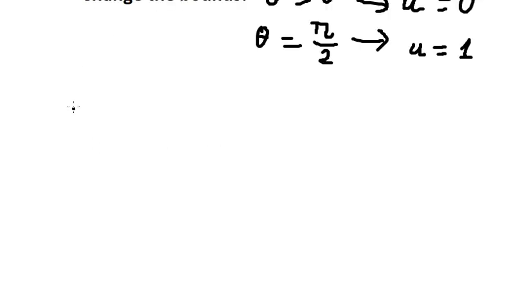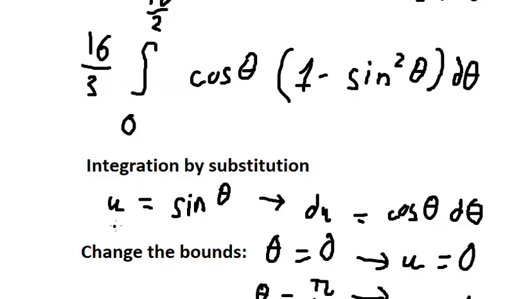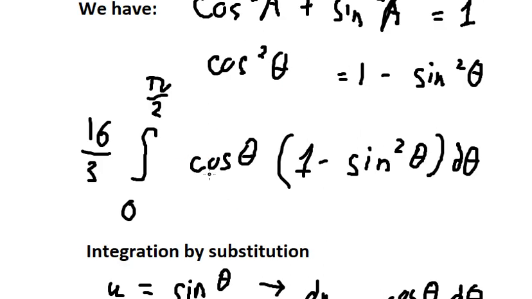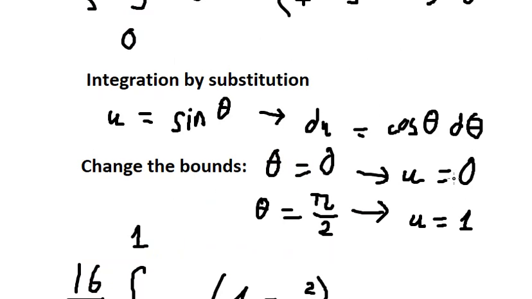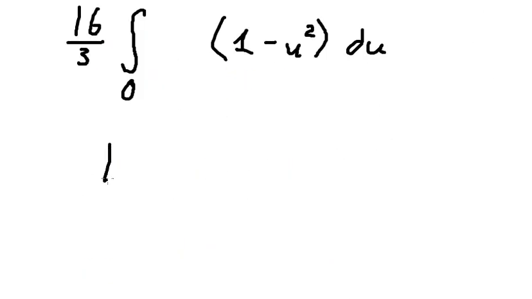So we have 16 over number 3, and we have the integration from 0 to number 1. Sine we change for u. Cosine theta d theta we change for du. And now we have the final answer.